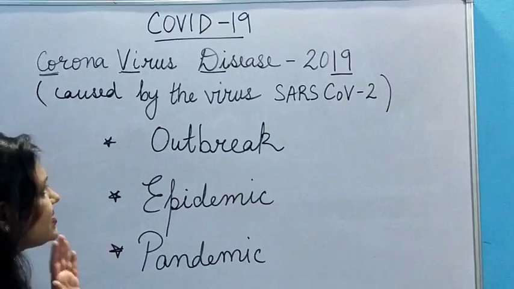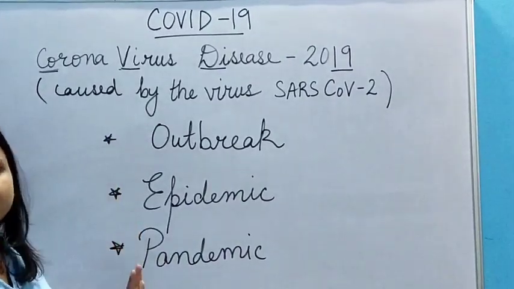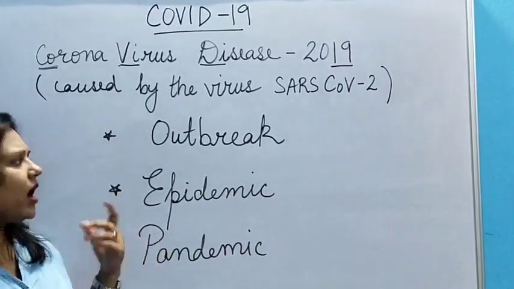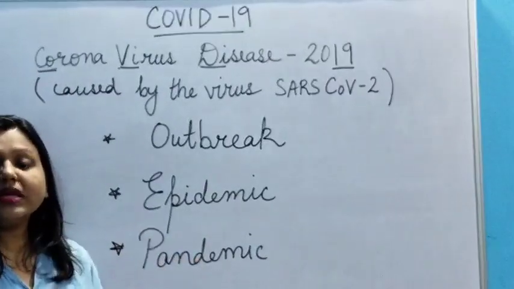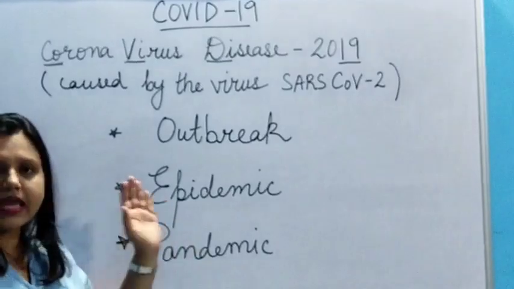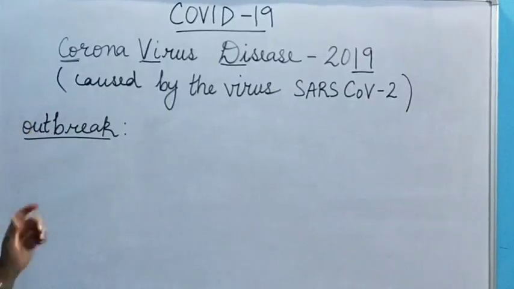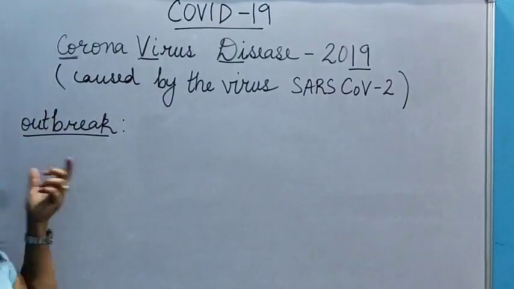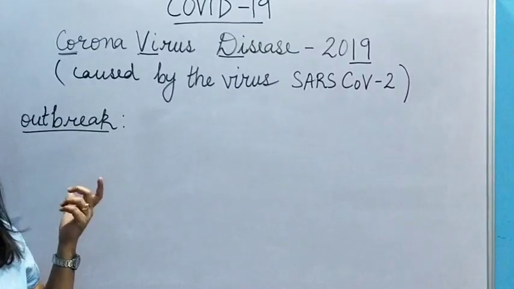Now let's understand the usage of these words in a sentence. How can we construct a sentence and use these three words in them? So the first word is outbreak. Let's see how we can use this in a sentence.